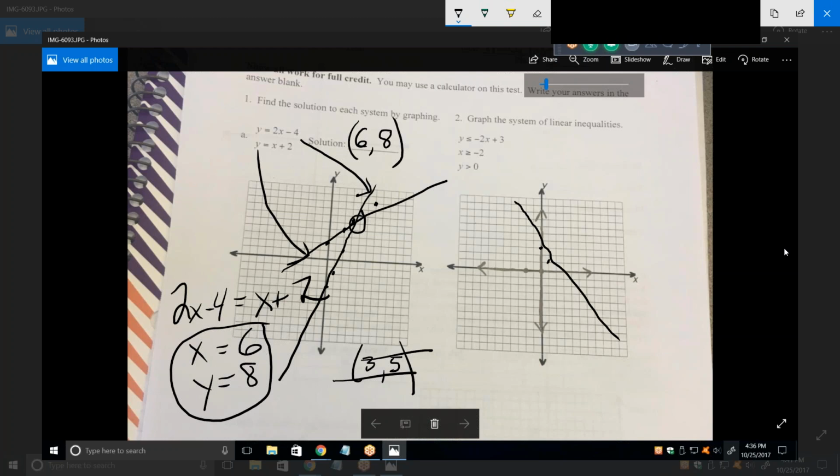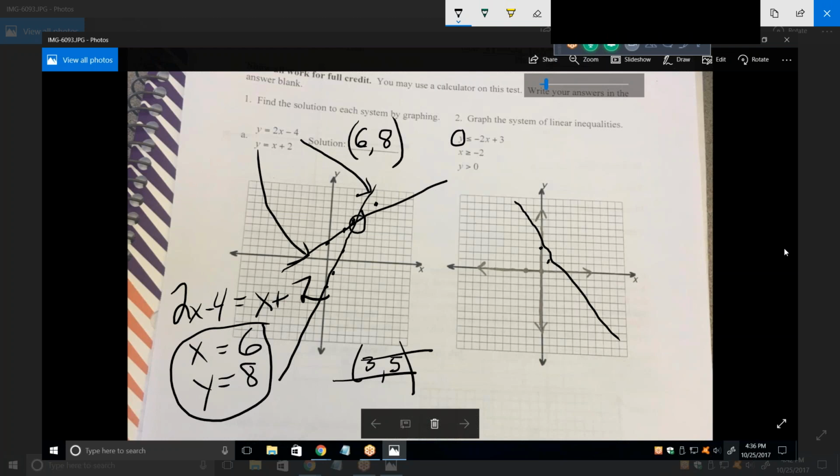Which part do I shade? And always use the words above or below, not left or right. Exactly, below. And what I do is always look to the y-axis. Okay, so I have to find a y point that is less than that line.